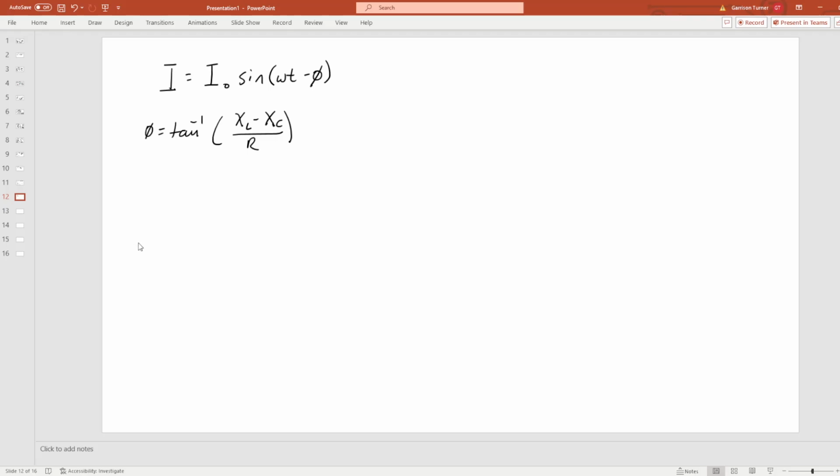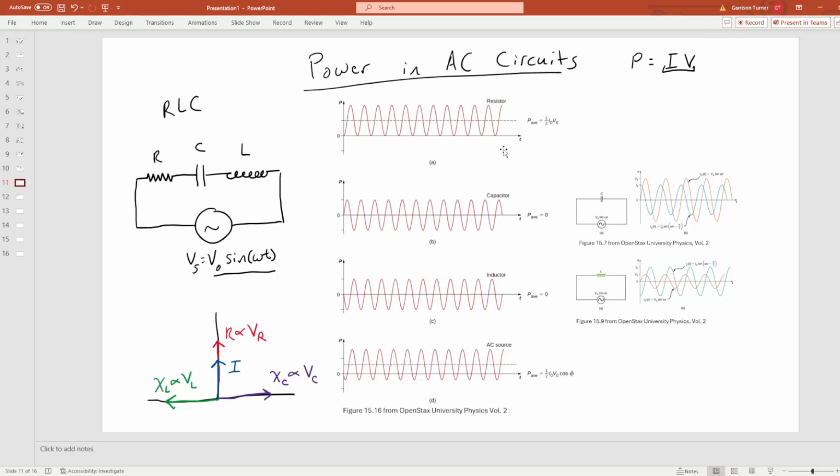And if I want to calculate the average power, the reason we're doing the average is because this is a sinusoidal signal.